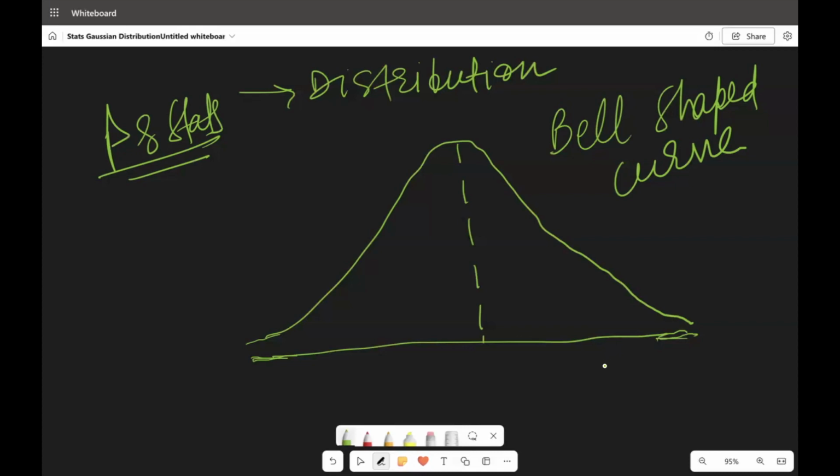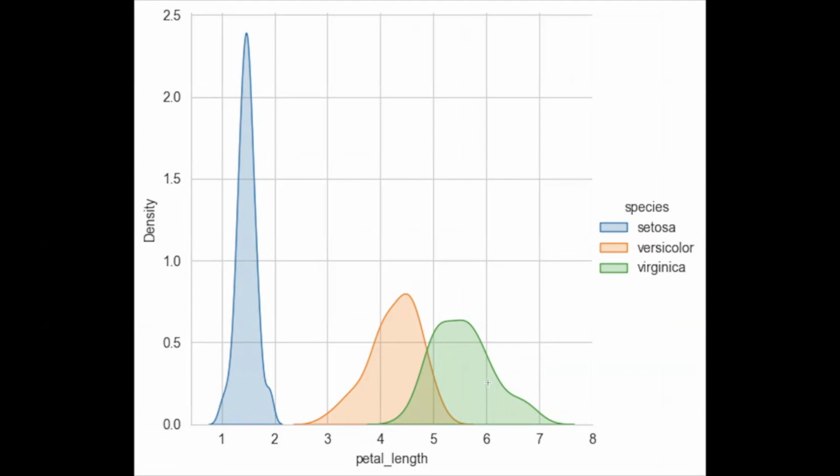So let me show you again for your better understanding. This is a PDF of the petal length of the iris flower dataset. So if this is my petal length, the probability density function of petal length of Setosa, versicolor, and virginica flowers actually look like this bell-shaped curve that are very representative of a Gaussian distribution.